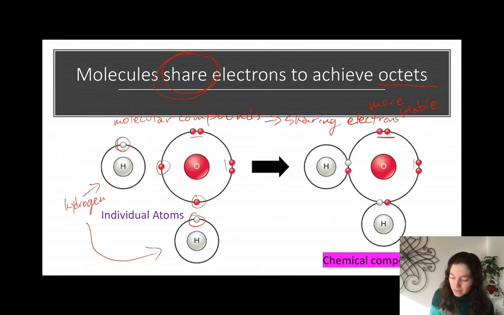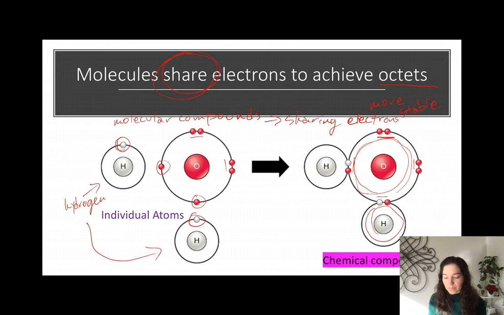So that electron is not only going around the hydrogen, it's also going around the oxygen. By sharing electrons, we can achieve this octet and become more stable. One way we can get an octet is by having the electrons leave the atom, but that's not always possible for all atoms, so sometimes they share electrons like this.